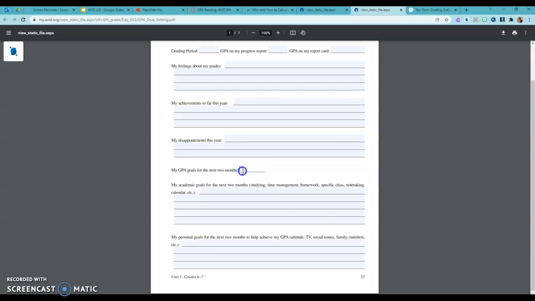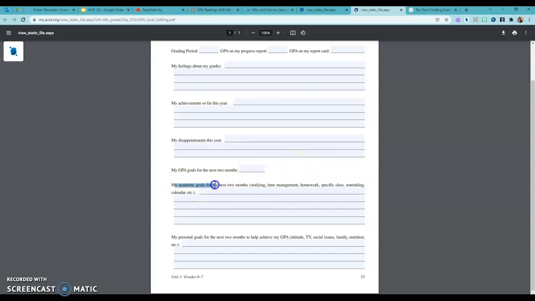Remember, you might need 2 different goals, one for your year-long classes, and maybe goals for your semester-long classes, since we are ending in about 2.5 weeks. Keep that in mind when you're making your goal.